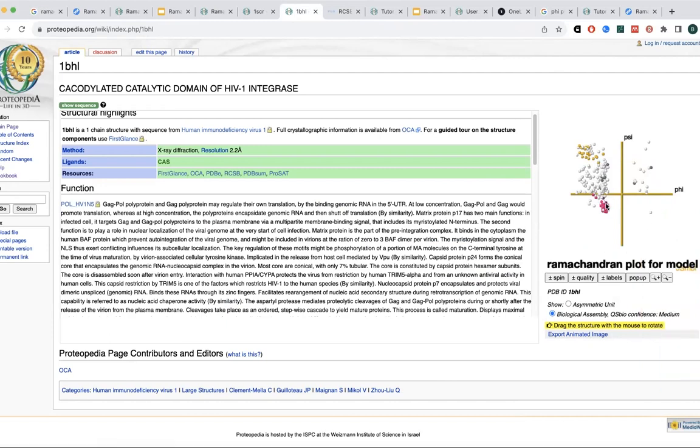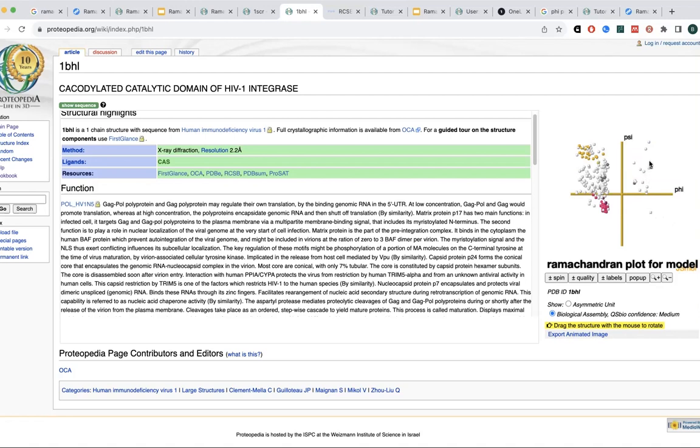And now I can see, well, yeah, it looks like we had a lot of those beta strands in that protein, and we have a lot of points over here in that beta strand region. It also had some alpha helices, so we're going to see alpha helices over here. Now you'll see some points scattered around. We would expect most of these to be glycine. And in fact, here we have a glycine, here we have a glycine, here we have a glycine.